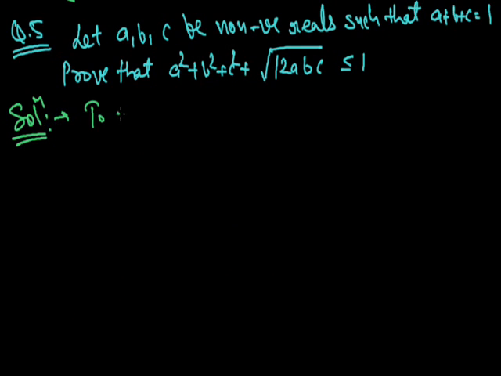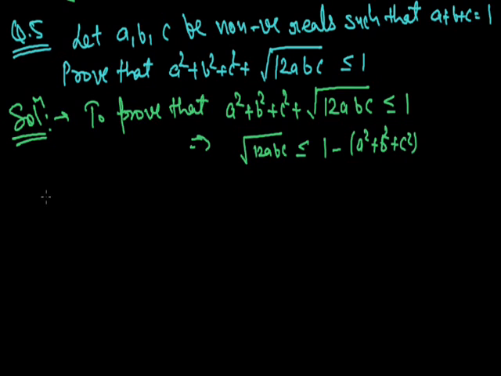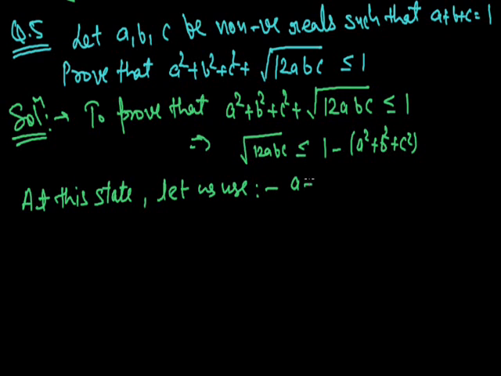To prove that A square plus B square plus C square plus square root of 12ABC is less than or equal to 1, we may prove that square root of 12ABC is less than or equal to 1 minus (A square plus B square plus C square). At this state, let us use A plus B plus C is equal to 1.